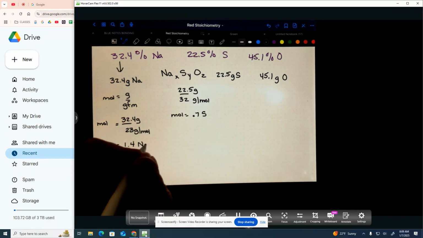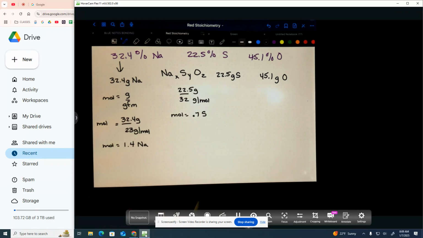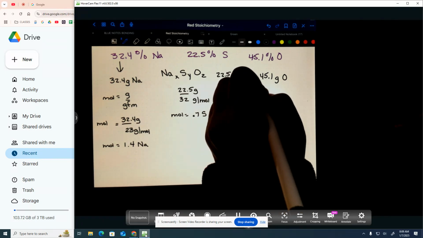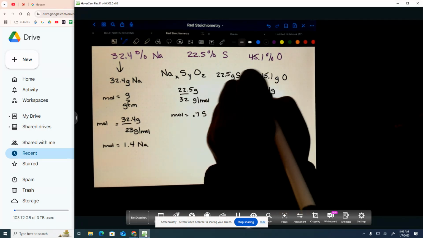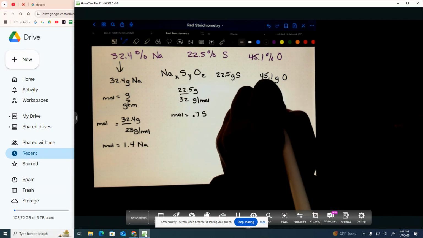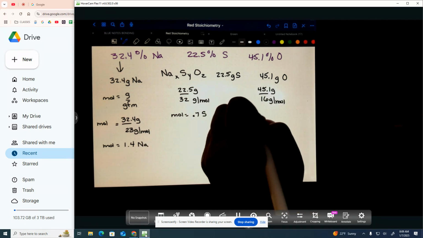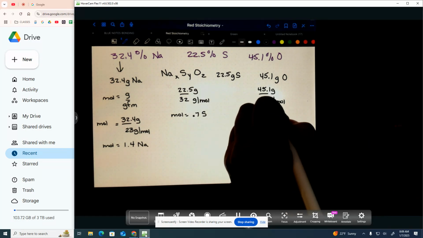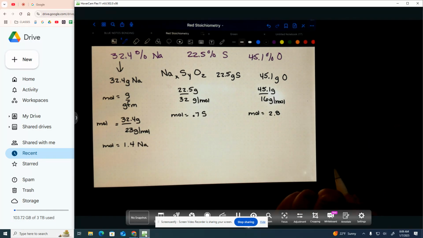Let's label these so we don't get confused. All right, 45.1 grams of oxygen. 45.1 grams divided by oxygen, which is 16 grams per mole. How many moles of oxygen do I have? 2.82. We'll just leave it 2.8.